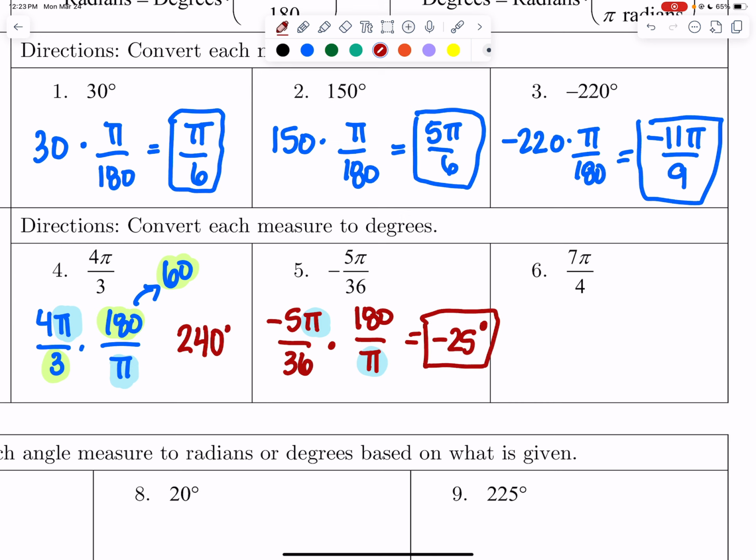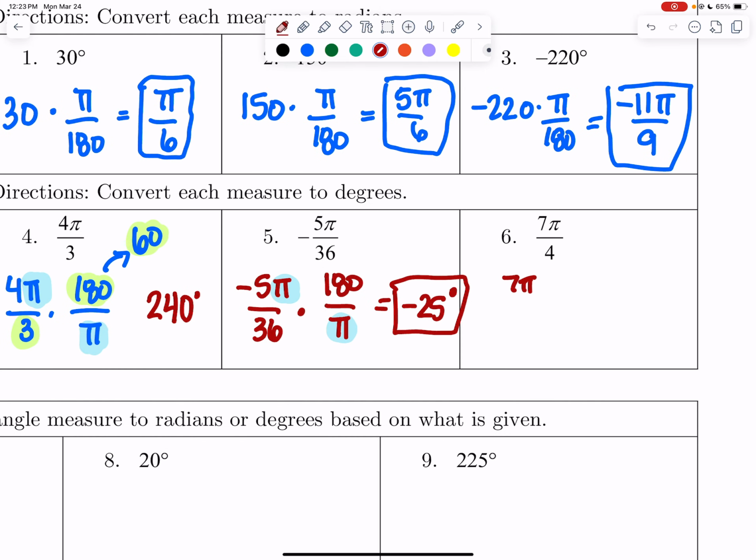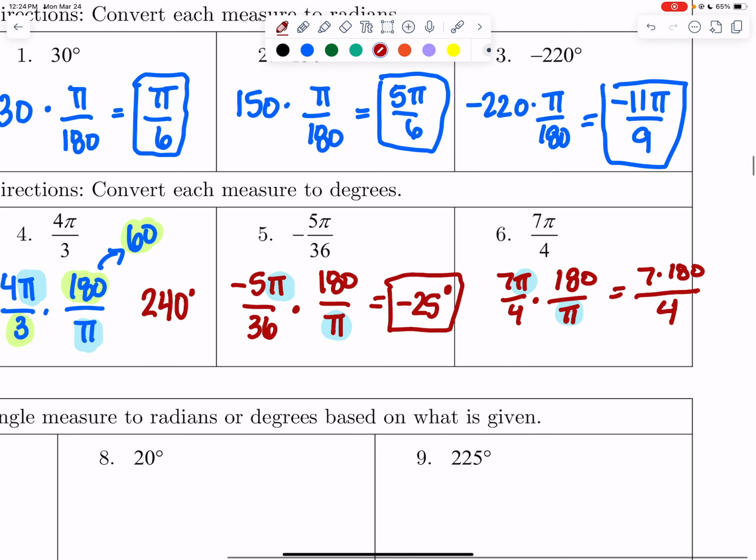7 pi over 4. We are going to multiply by 180, then divide by pi. The pi's cancel out. Then 7 times 180 over 4. Divide the 180 by 4 to make your life simpler.